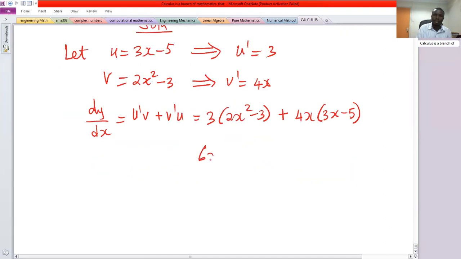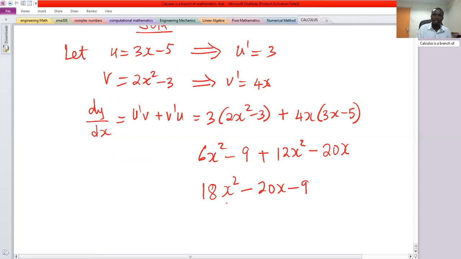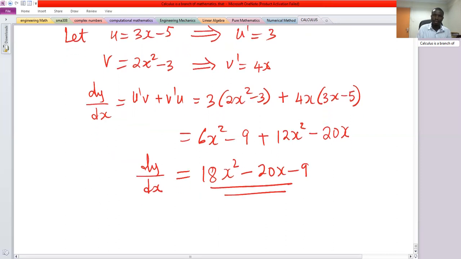So opening, we will have 6x squared minus 9 plus 12x squared minus 20x. So we'll have 6 plus 12 is 18x squared minus 20x minus 9. So that will be the dy/dx for part A.